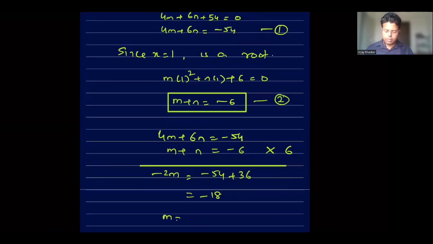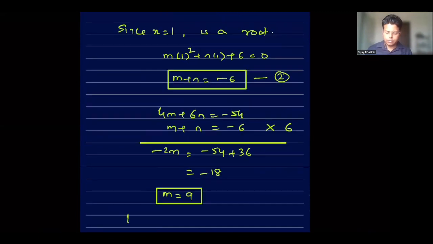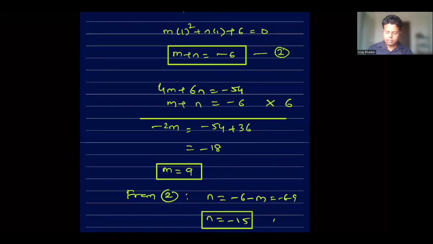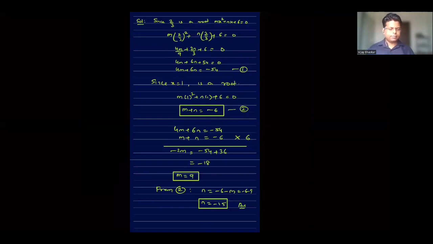So m is equal to 9. Correct? We got the value of m. For n, we can use equation number 2. Therefore, minus 6 minus 9, which is equal to minus 15. Answer. So these are the two values. Yes. Hope this is clear.